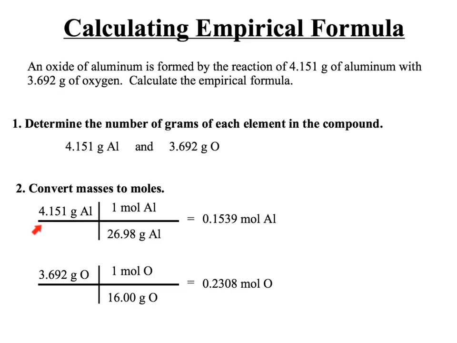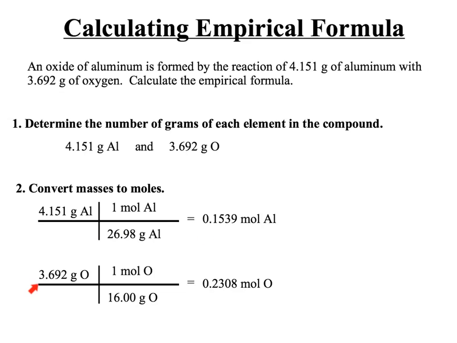We take the 4.151 grams of aluminum. We will convert that to moles using our mole conversion of 1 mole equals the weight from the periodic table. So 26.98 is the weight from the periodic table. This allows grams to cancel out, leaving moles, and we would have 0.1539 moles of aluminum.